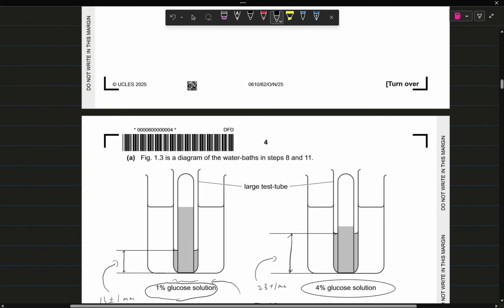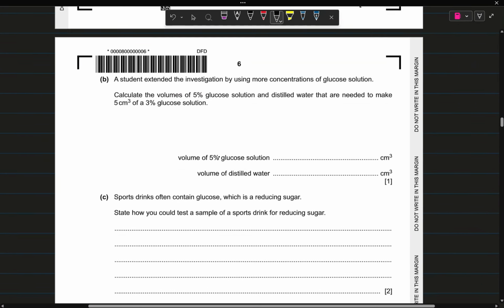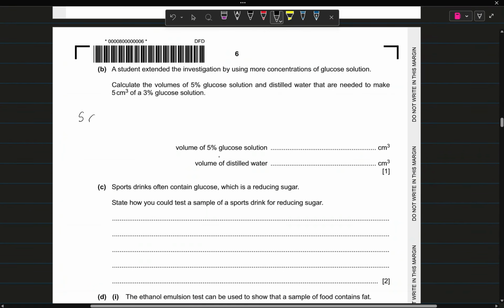So we want to ensure the same thing: that the overall total will be 5 centimeter cubed. If you want a 3% glucose solution and we used 1 centimeter cubed to make 1%, then of course we can also use 3 centimeter cubed to make 3%.